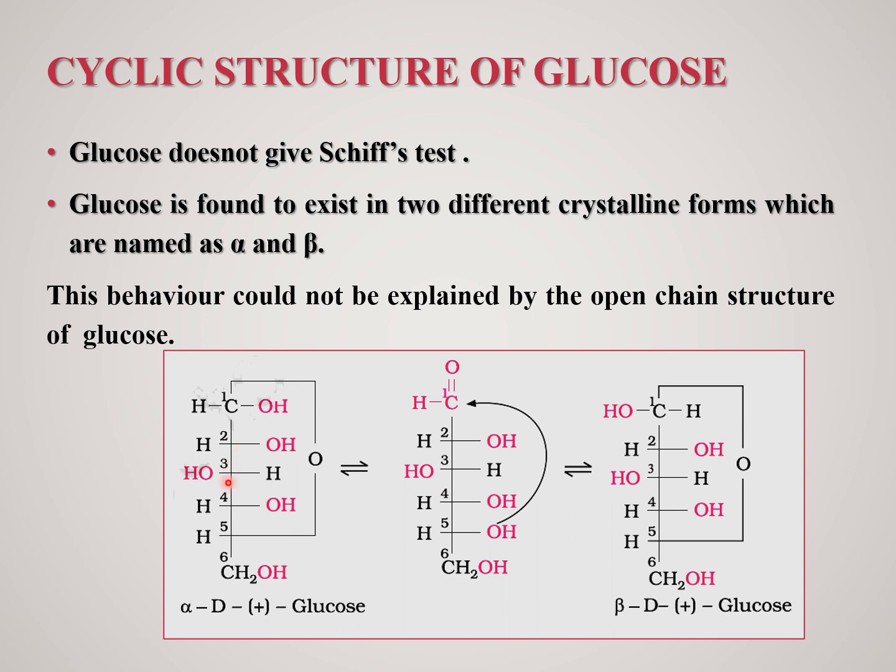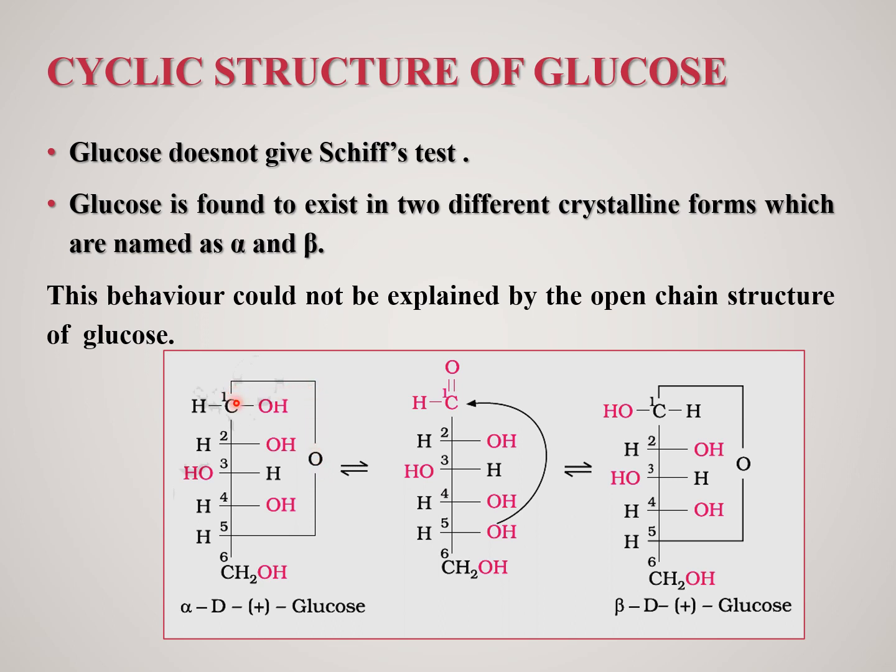Carbon number 3, OH on the left and H on the right, similar to the open chain structure. Carbon 4, H on the left and OH on the right, very similar to carbon 4 in the open chain structure. Carbon 5, H on the left, but is involved in the formation of a ring with carbon number 1.